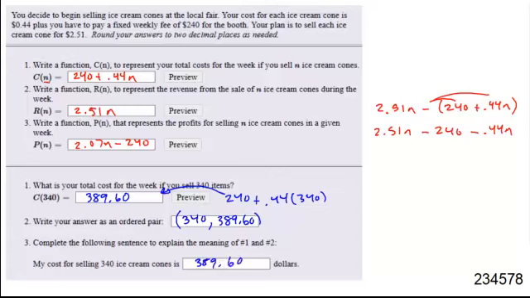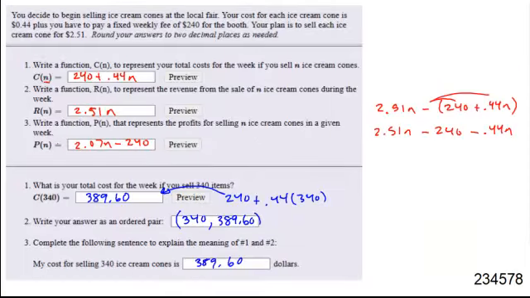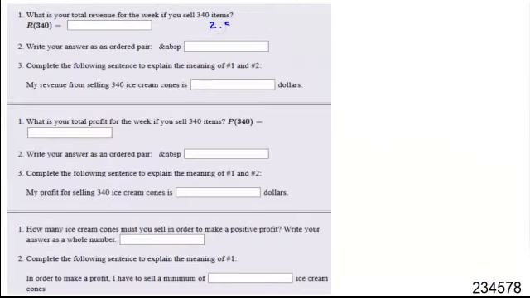Okay, and then you would continue to answer the different questions. So I'll go back and forth here, but the total revenue is going to be taking this equation, 2.51 times the 340.